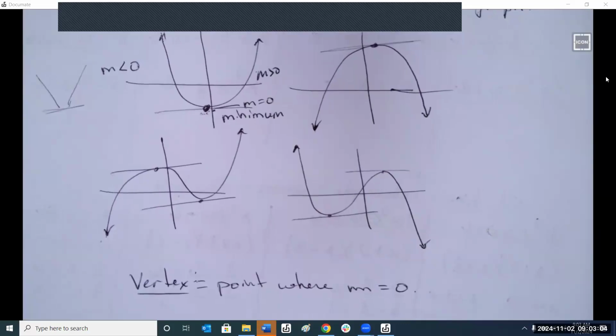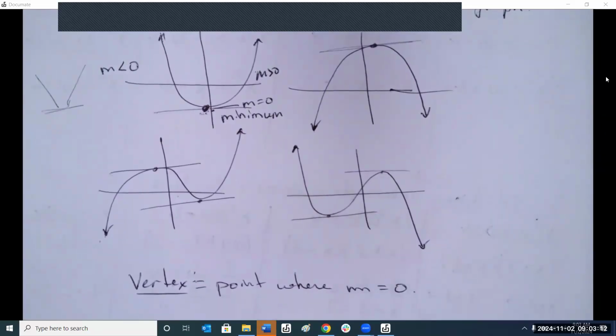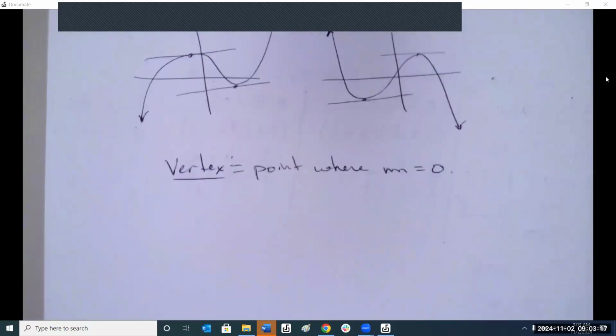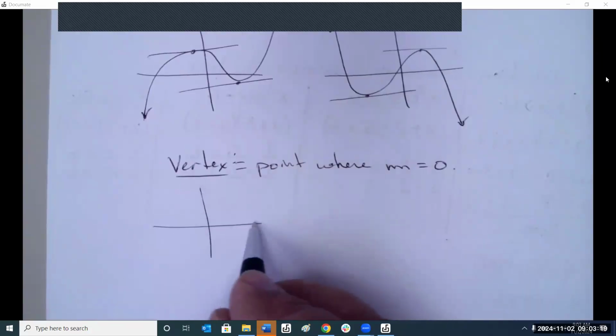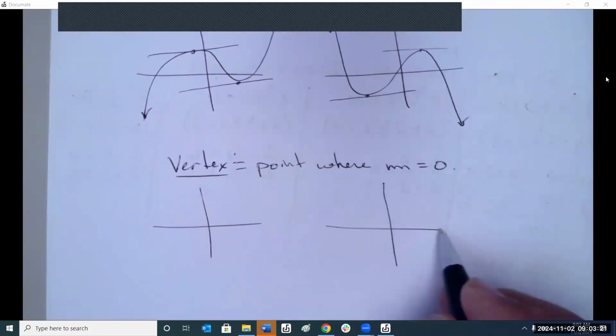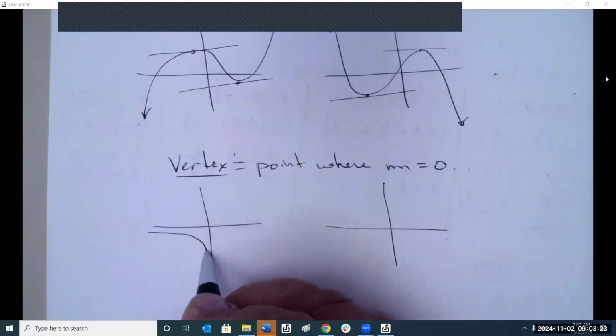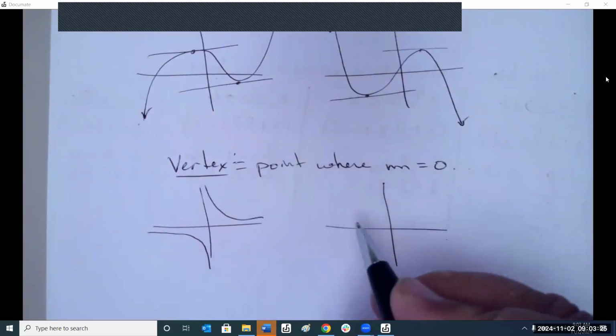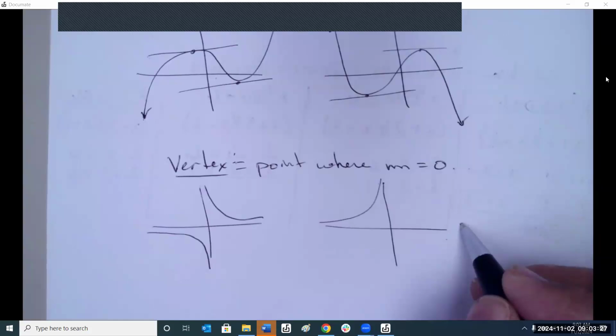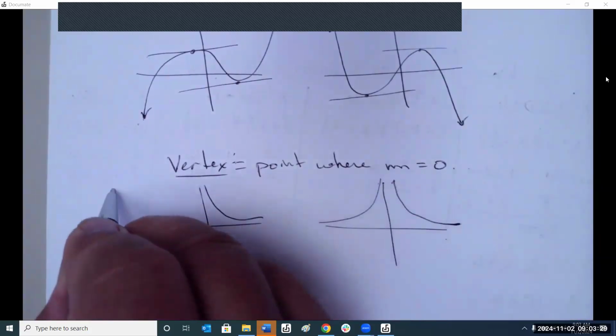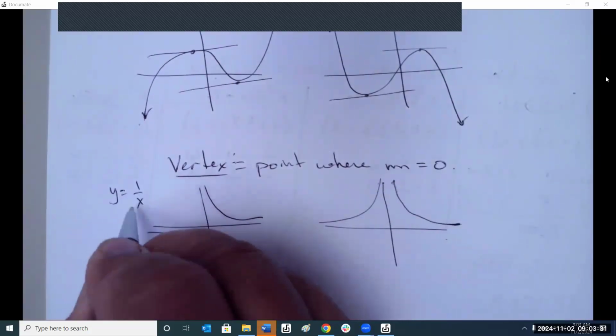Do all functions have vertices? That's plural. No, linear equations don't. Rational functions don't. What are rational functions? This is y equals 1 over x.